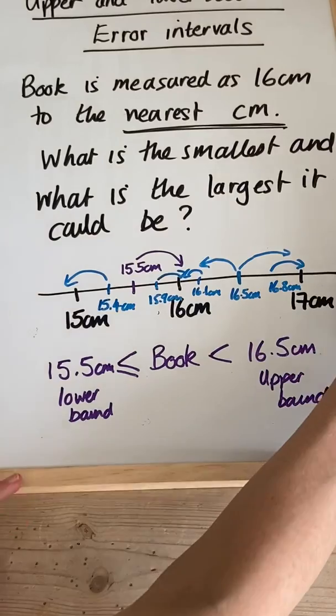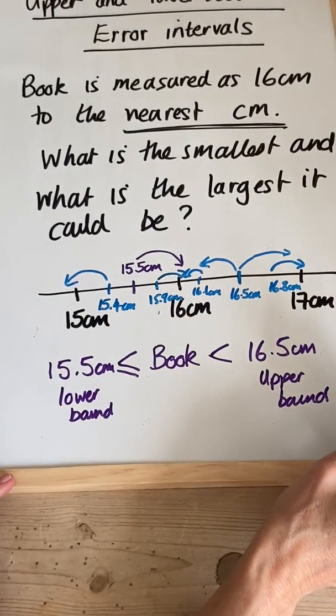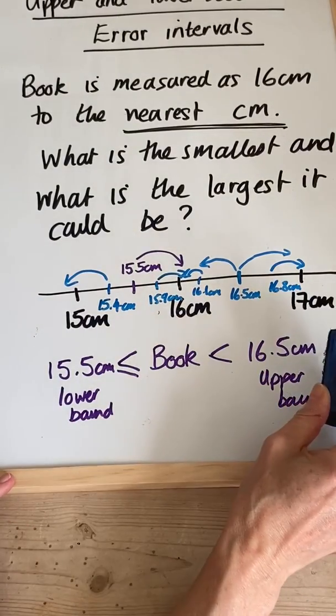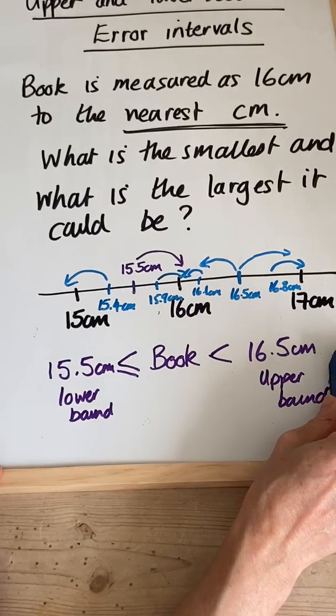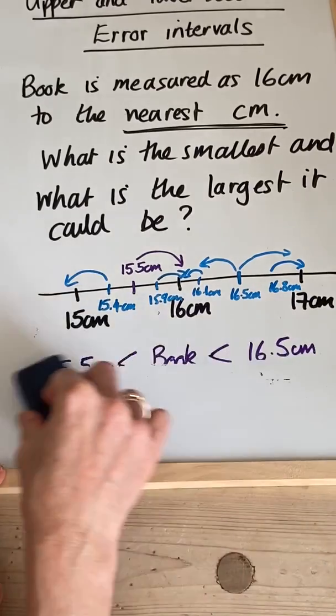Let's have another example that you could also copy down, just to have a little bit more of a think about how these upper and lower bounds work.